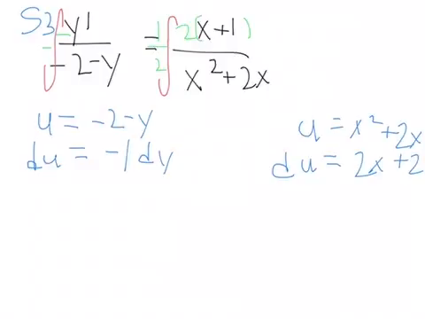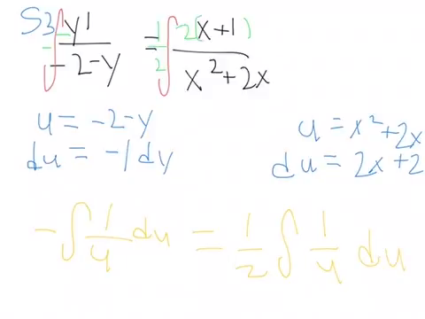So now we have to plug in our u's. On the left side, we're left with negative 1 times the integration of 1 over u du. Set that equal to 1/2 times the integration of 1 over u du.